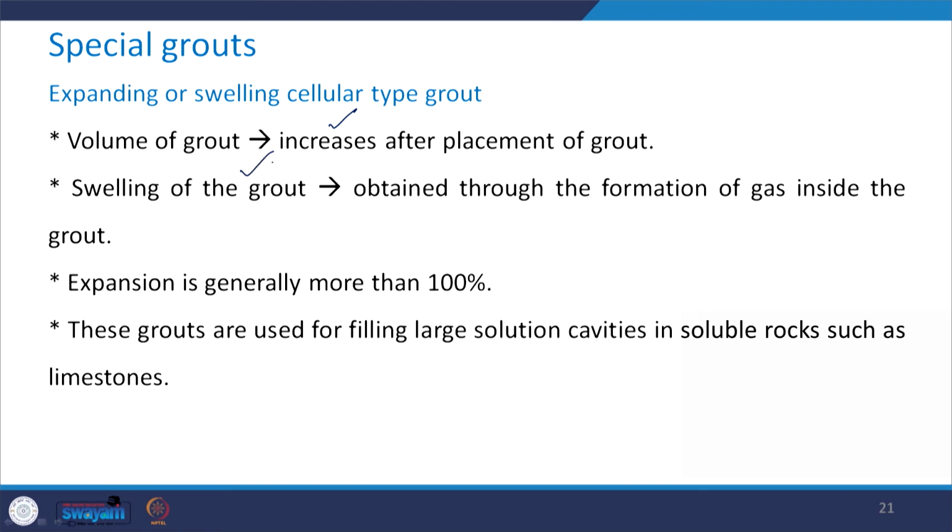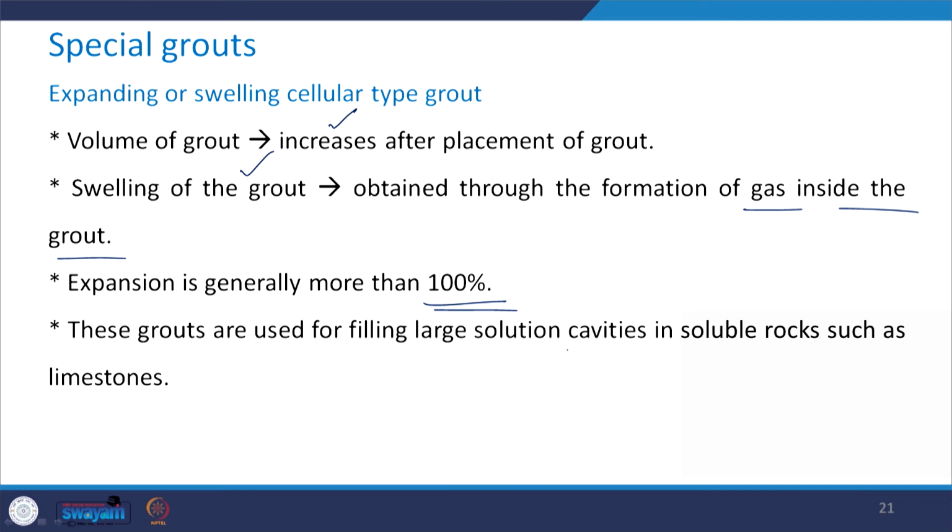The swelling of the grout is obtained through the formation of gas inside the grout. Generally, this expansion can be more than 100%.